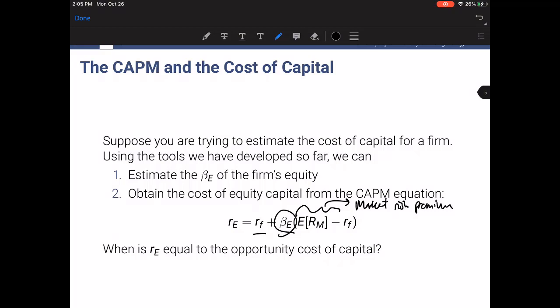So the question posed at the end of this slide asks, when is RE equal to the opportunity cost of capital? They are the same when there is no debt financing, in other words, an all-equity firm.